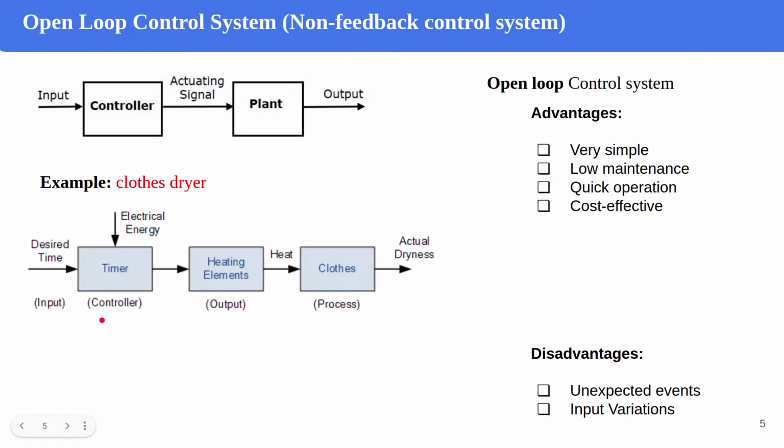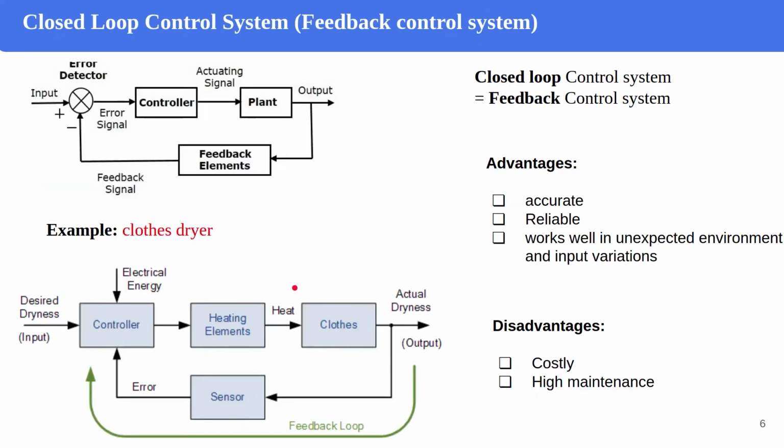And there are some disadvantages. Actually, the open loop control system works perfectly when there are no unexpected events or input variations. There are other examples of open loop systems like a traffic light, TV remote, hair dryer, washing machine, and so forth.